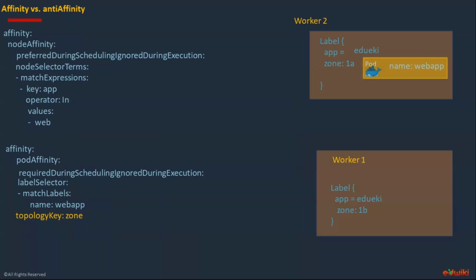So it will check for the zone key and get that value. Then it will try to find, is there any other worker node having the zone colon 1A label? Then your pod may go to that worker node also, because your worker 2 label and the worker 3 label are now the same. So it can pick up the other worker node as well, wherever that topology key is matching. That's how the topology key concept works here.